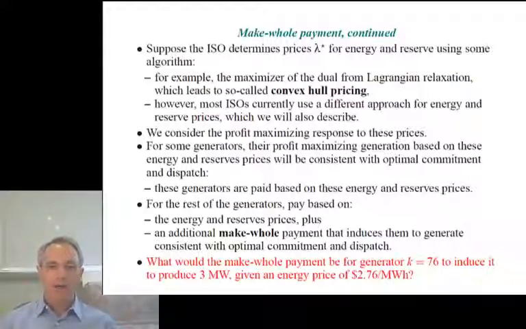However, for any generator such that their profit-maximizing activity would not be consistent with the ISO-calculated optimal unit commitment and dispatch, we will pay them an additional make-whole payment that will induce them to generate consistent with optimal unit commitment and dispatch. So, in particular, for generator 76, what would be the appropriate price? Well, as we said, we need to give them an extra $1 per hour.